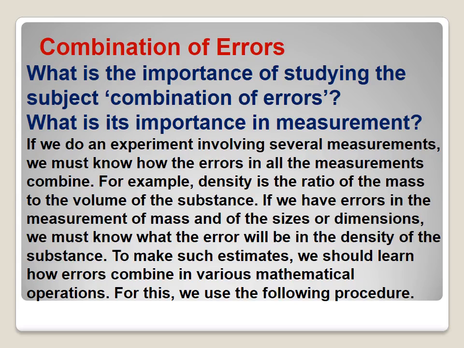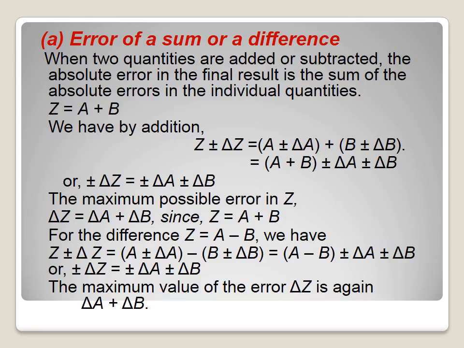For this, we should use the following procedure. First kind of combination of errors is the error of a sum or a difference. When two physical quantities are added or subtracted, the absolute error in the final result is the sum of the absolute errors in the individual quantities.